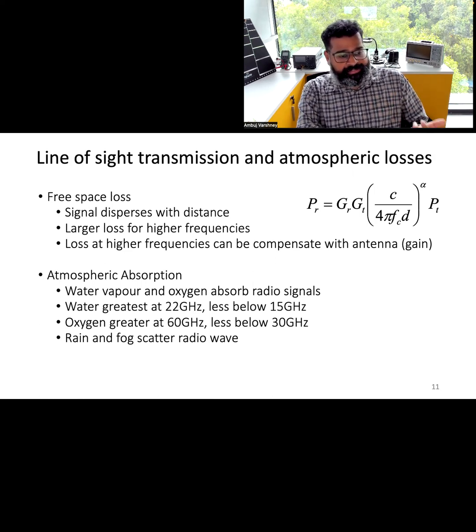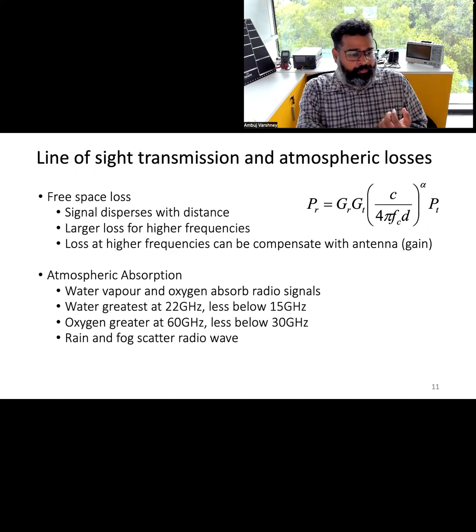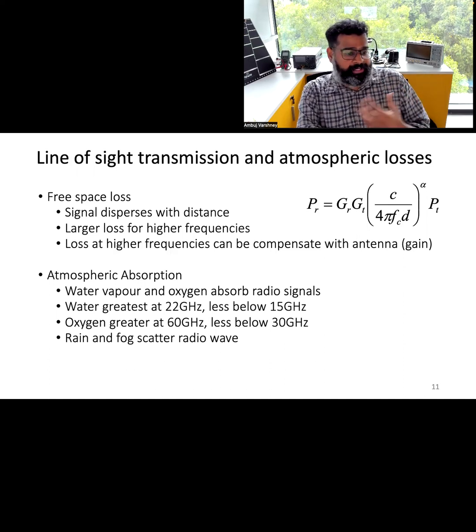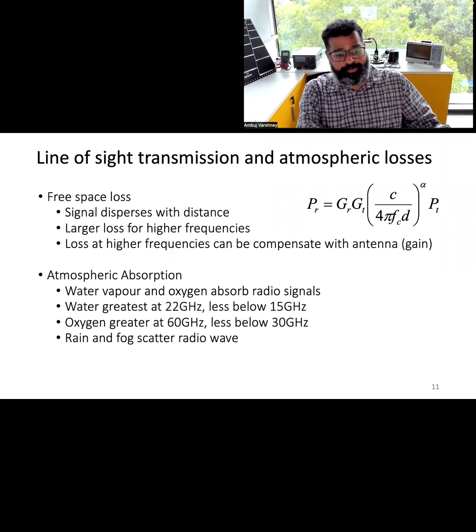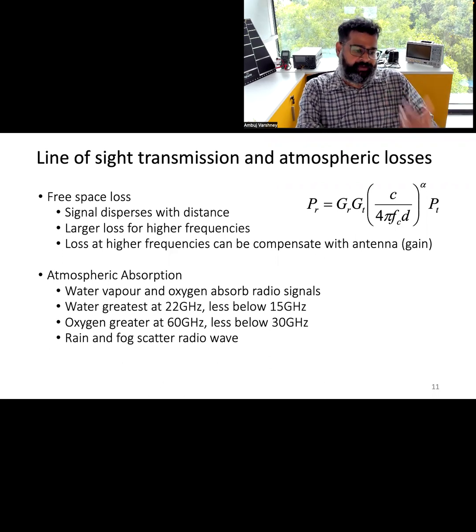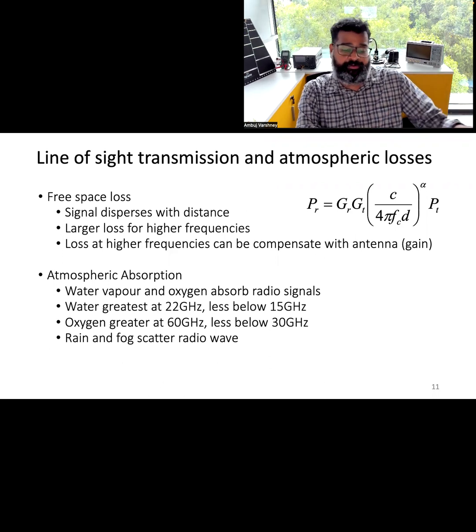Especially when you are sending radio waves at higher frequencies, they can get much more affected by these factors in the environment. For example, the absorption by water is greatest at 22 gigahertz, and the oxygen present in the atmosphere absorbs signals above 60 gigahertz. This is an important frequency band because many future communication systems like 5G and 6G have started to rely on something called millimeter wave, which operates at these higher frequencies.